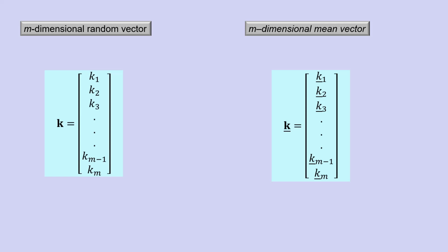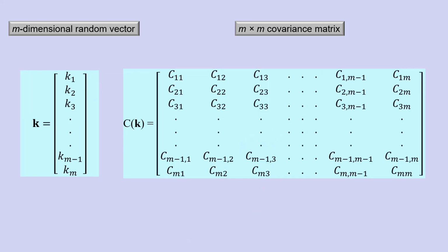That is, the mean of all elements, to give me the mean vector K. And I can use its covariance matrix to characterize the variability of K. Now this starts to get a little bit problematical, because if I've got a very high dimensional vector K, then the dimensions of this covariance matrix are just as big, but in two dimensions.